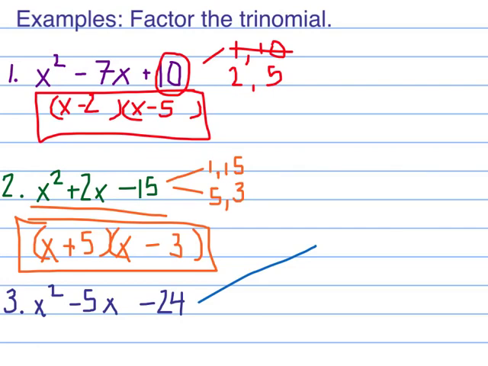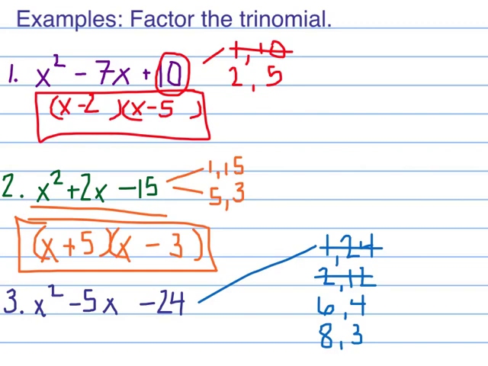I'm going to need a little more space because there are a few more factors. 1 and 24. We're not going to get to 5 with that, so we can cancel that out automatically. We have 2 and 12, a little closer, but still not quite. 6 and 4, and 8 and 3. So those are the ones that we need to take a closer look at.